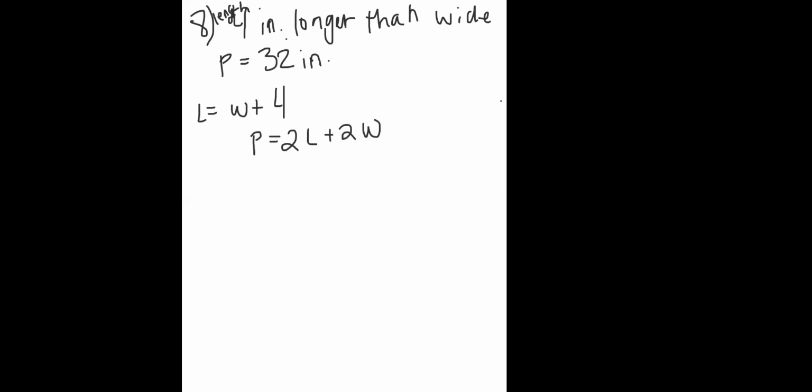So what's going to happen is our W is going to stay the same, and the W plus 4 is going to get plugged in for L. We are also going to plug in the 32 into our P. So we end up with 32 equals 2 times W plus 4, plus 2W.